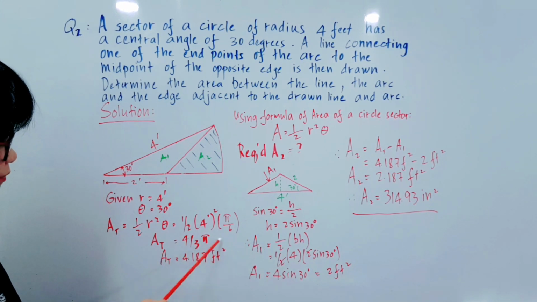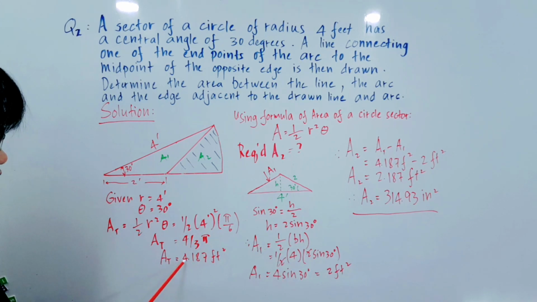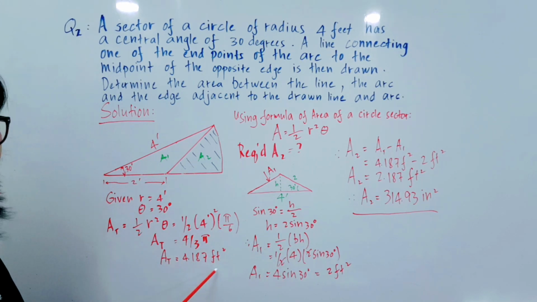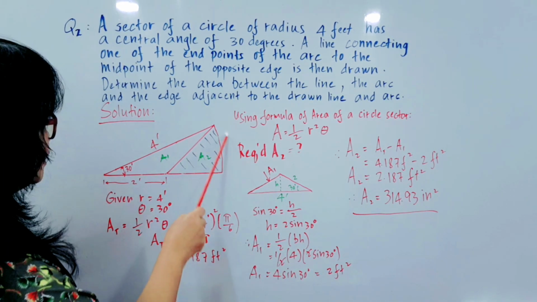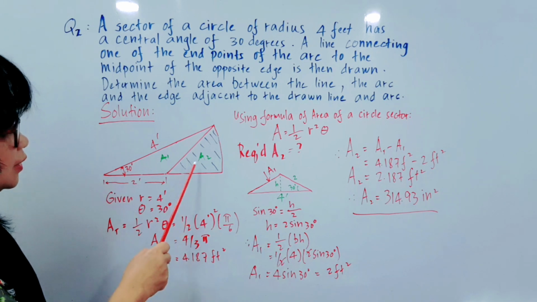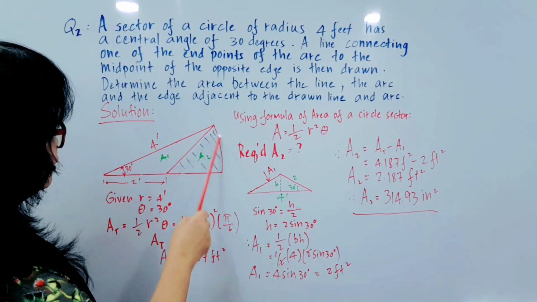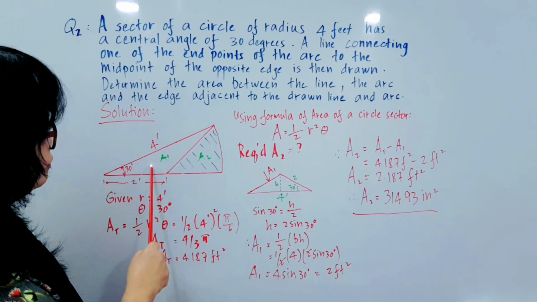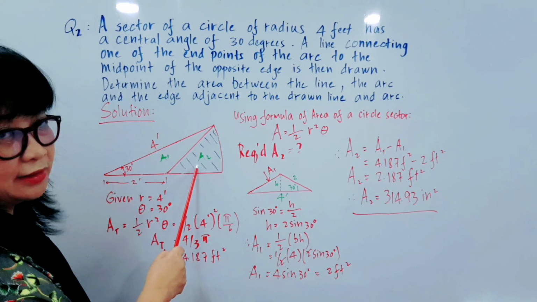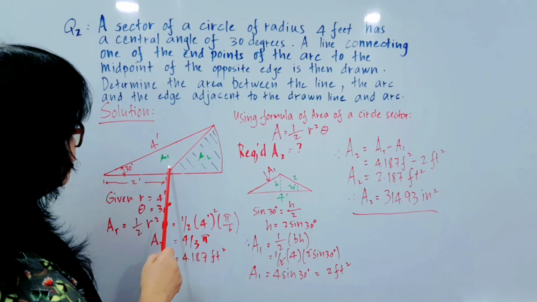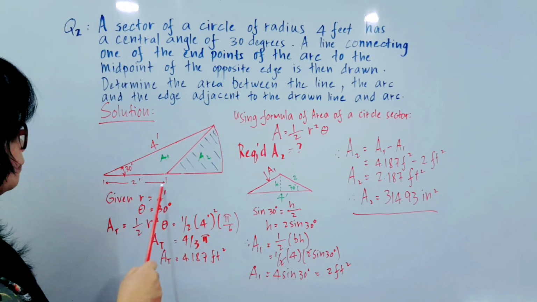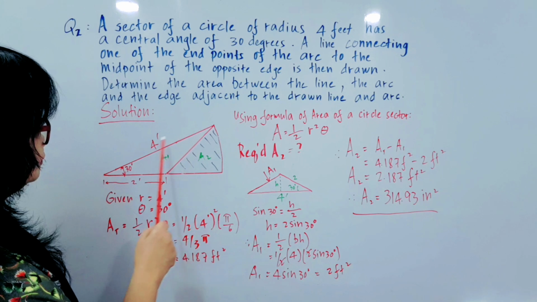Simplifying, the total area is 4.187 square feet. Now we have solved the total area. Before we can find the shaded area, the total area minus this one will result in this area, so we first find the area of this triangle.